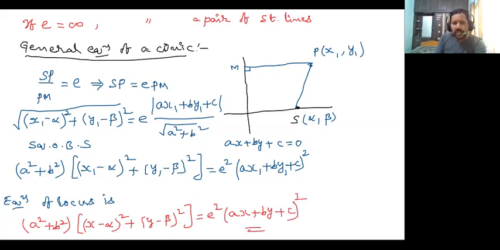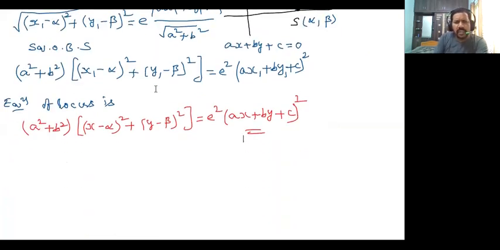This is the general equation of a conic. I think you already know this very well. Now, in general, how we are writing a conic is in the form like this.